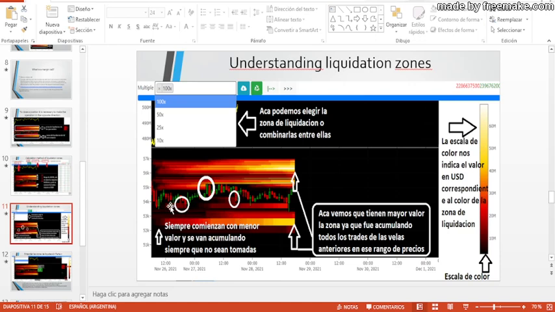When a liquidation zone is taken, that resets the liquidation zone to 0, and they begin accumulating again.